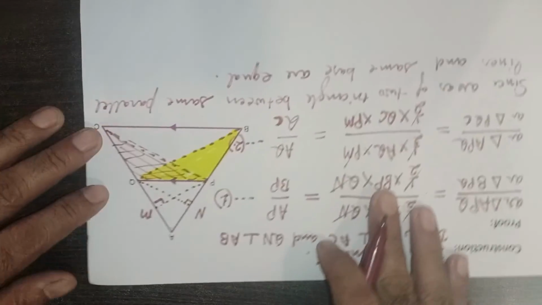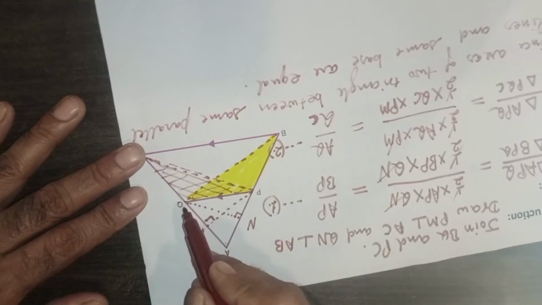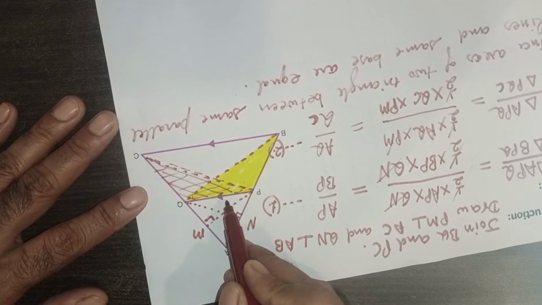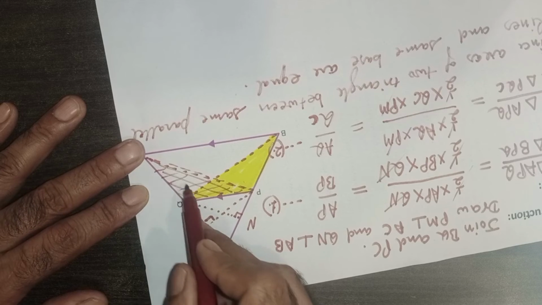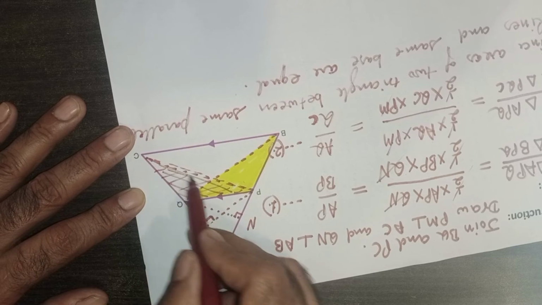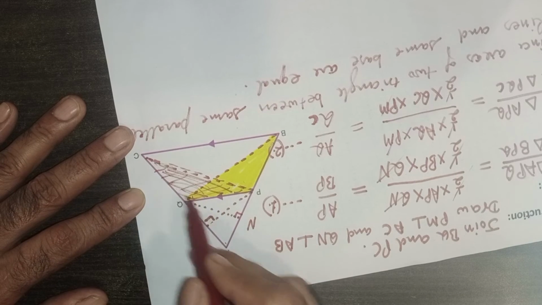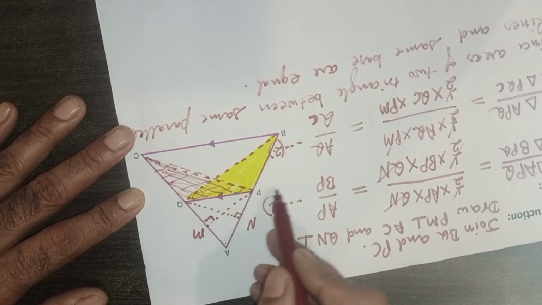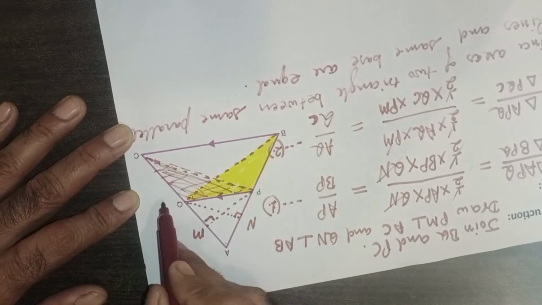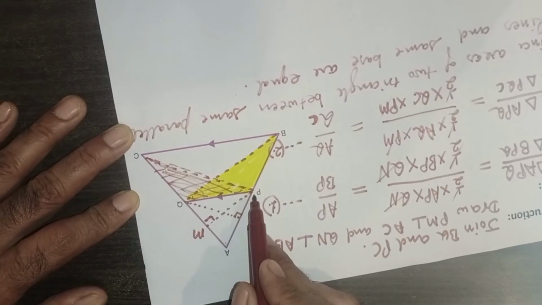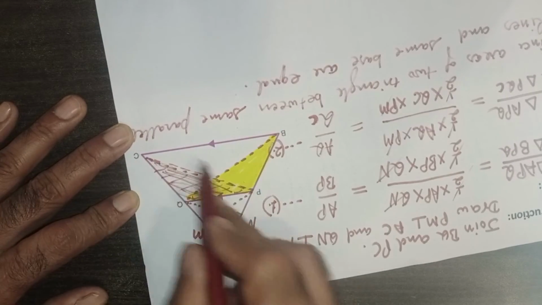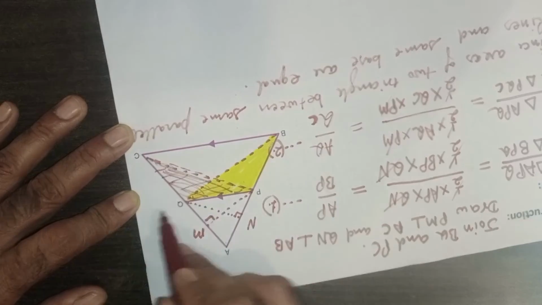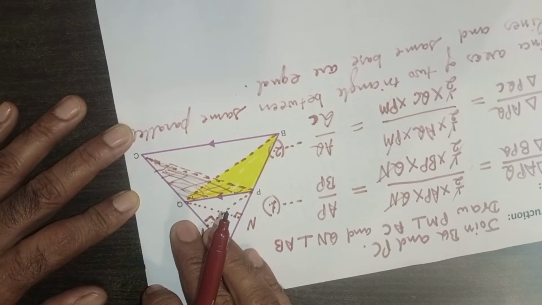See, this is the yellow triangle on PQ. This is the brown triangle. This again is on PQ. Base is same. These 2 triangles are again between same parallel lines, PQ and BC.